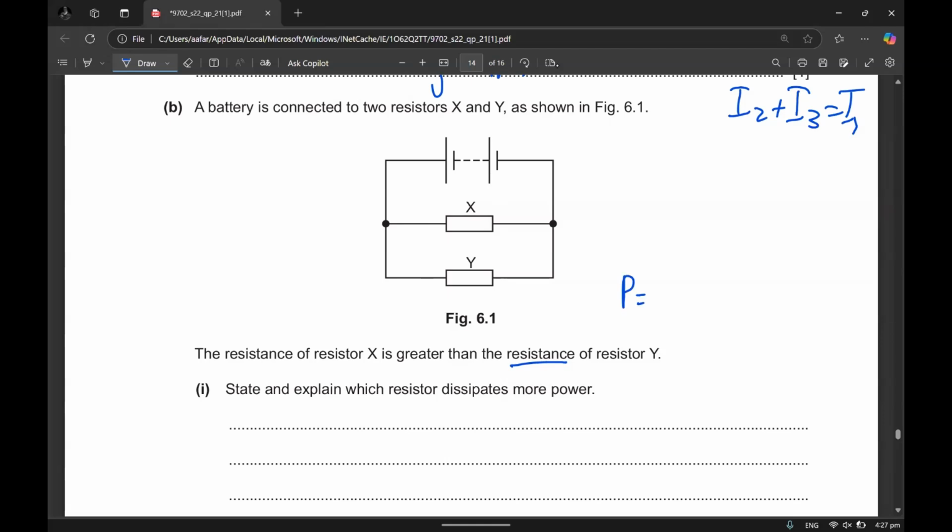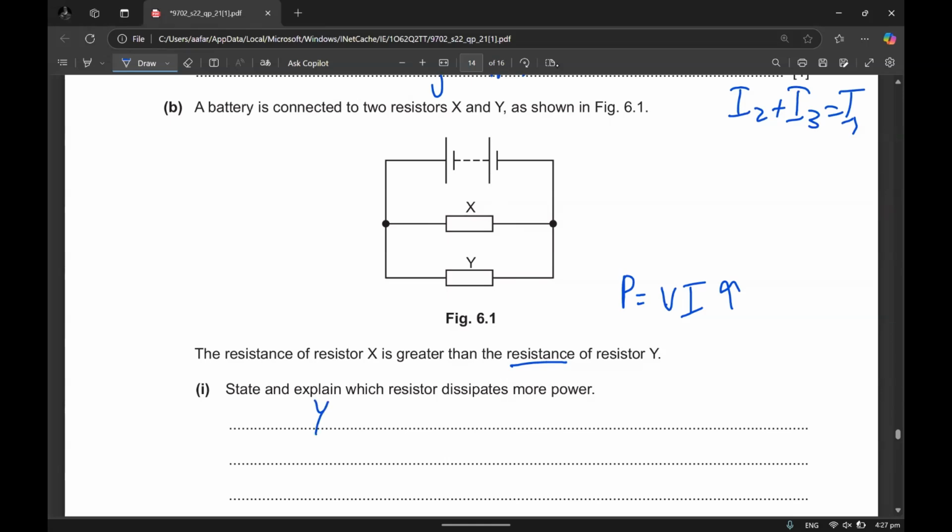So the only expression of power we can use is P equal to VI. If they are both getting the same voltage, but current in Y will be more since it has less resistance.